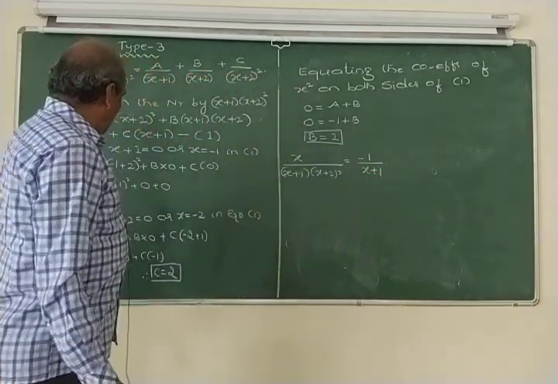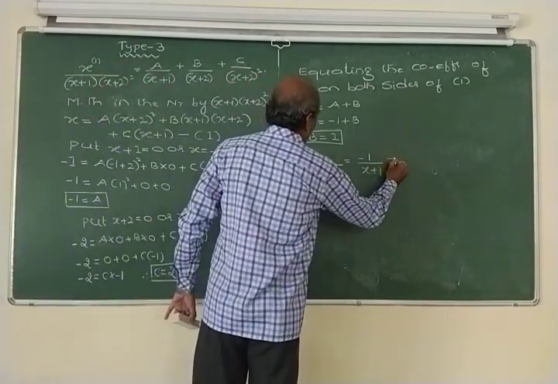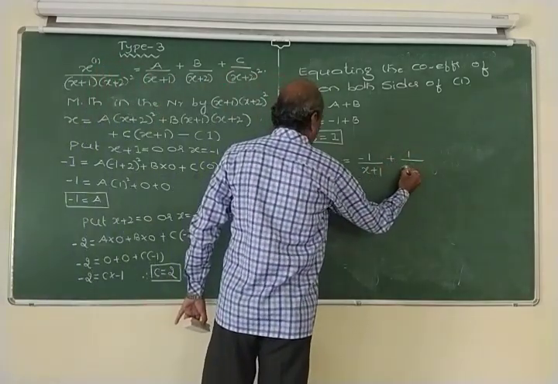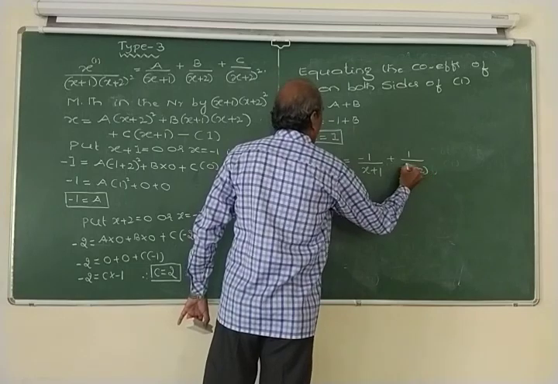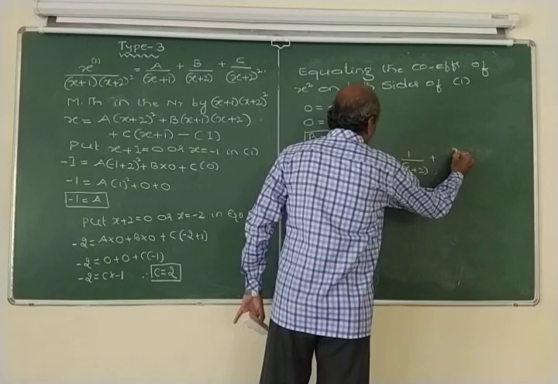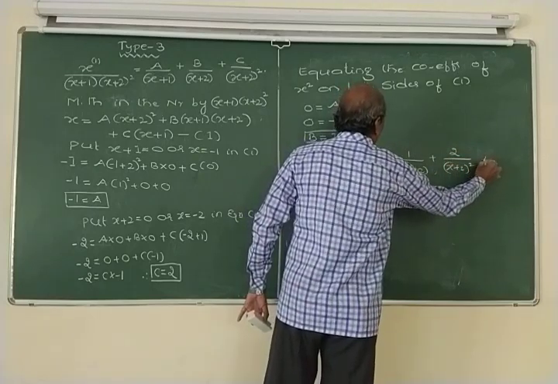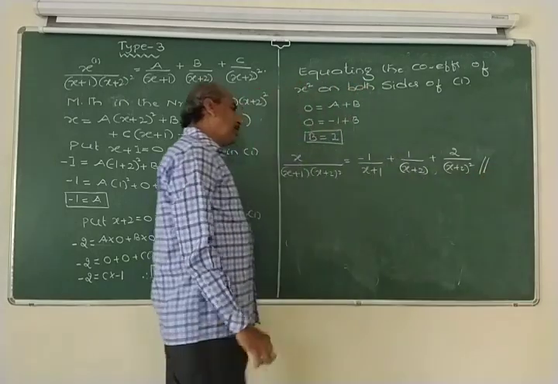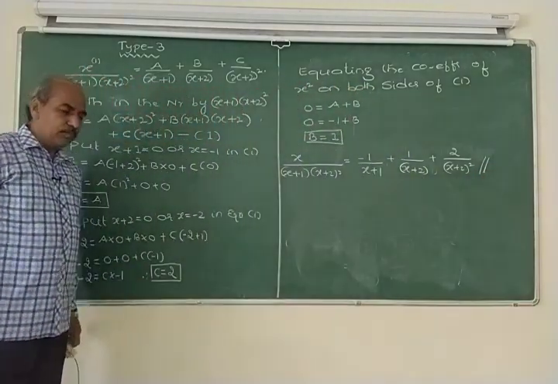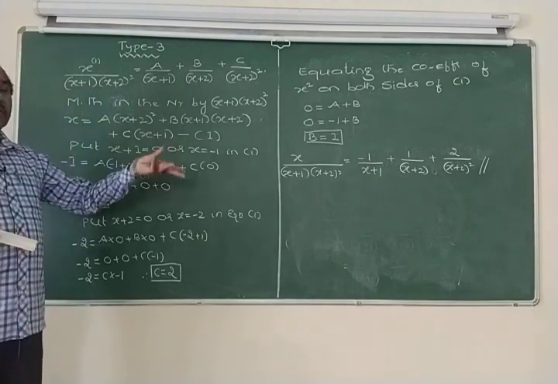The value of b is 1, therefore it is 1 divided by x plus 2. The value of c is 2, so it is 2 divided by x plus 2 the whole square. You are resolving the given fraction into fractions. That means partial fractions.